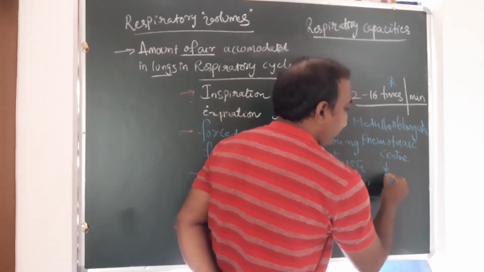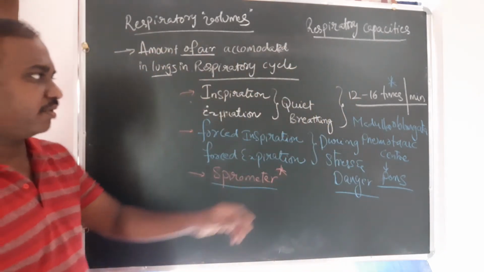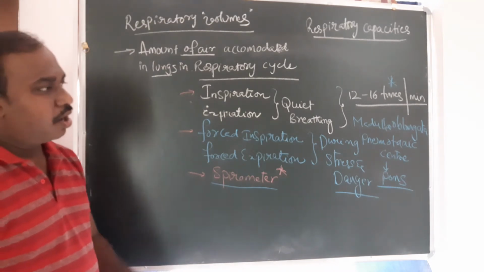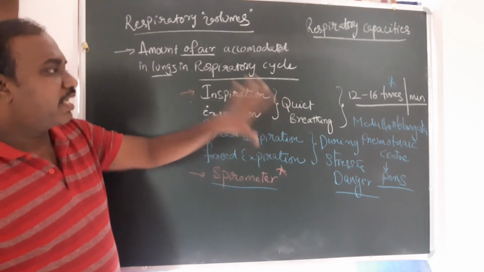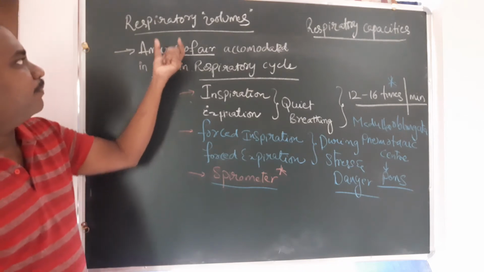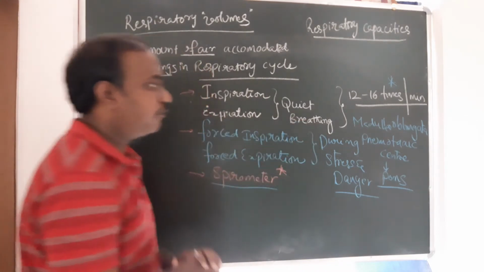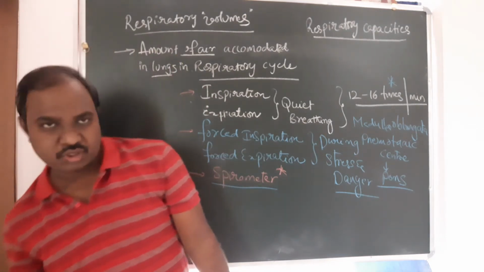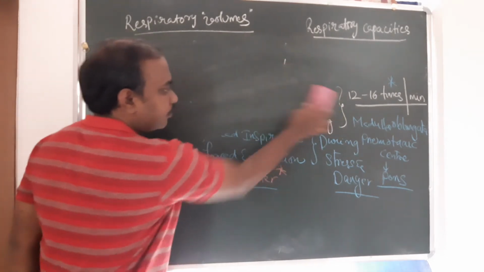Where is it located? It is located in the pons of the hindbrain. As a matter of fact, these two are part of the hindbrain of the body. These two regulate all these breathing mechanisms, right? Inspiration process, expiration process. This is an introduction for the respiratory values. Now we shall see what are the different kinds of respiratory values that are present. Okay, so that is our next discussion, different respiratory values.